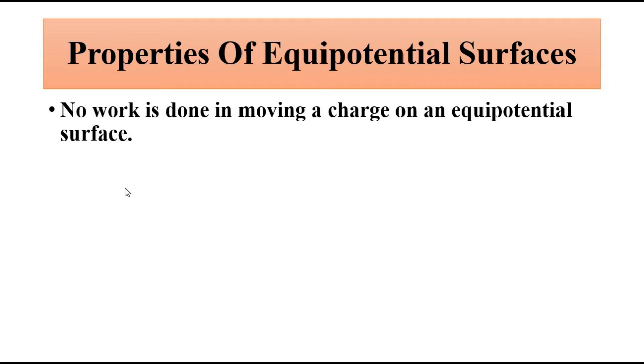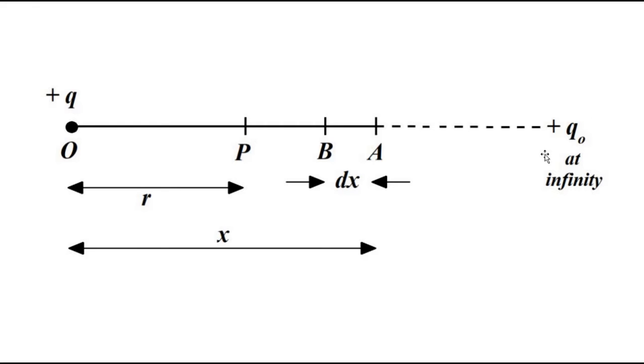Why is that? We have already discussed while discussing electric potential and potential difference that the electric potential at any point is the work done in moving a test charge Q0 from infinity to that point, divided by the test charge.